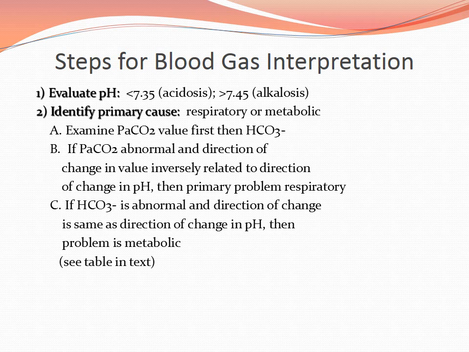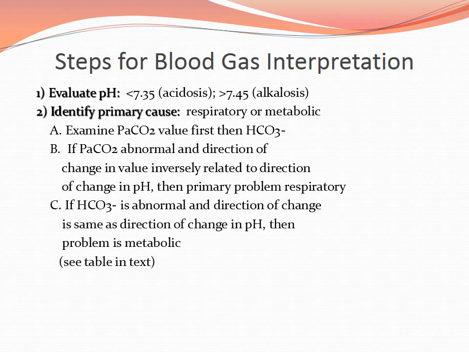I'm not going to review this again, but for the steps for blood gas interpretation, you need to identify if it's acidotic or alkalotic. Anything below 7.35 is acidosis, and anything greater than 7.45 is alkalosis. When we identify whether it's acidosis or alkalosis, we then need to look at our PaCO2 and then our bicarb, and whichever one is altered, we look at the direction that each component is going.